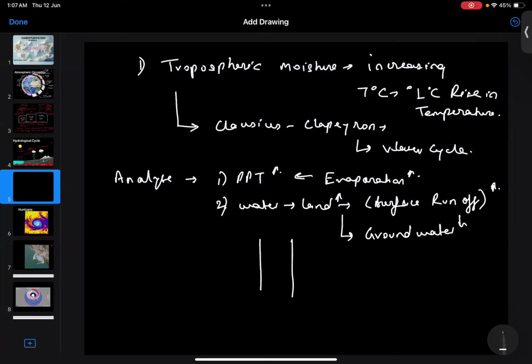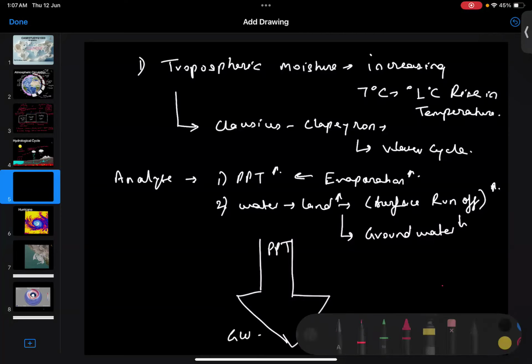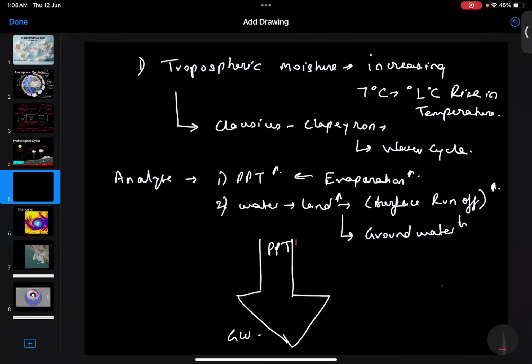So here previously, this was the overall precipitation, and this was the overall water going into the groundwater system. This is groundwater. But currently we are seeing that the precipitation is increasing, while the water going to the groundwater is declining.